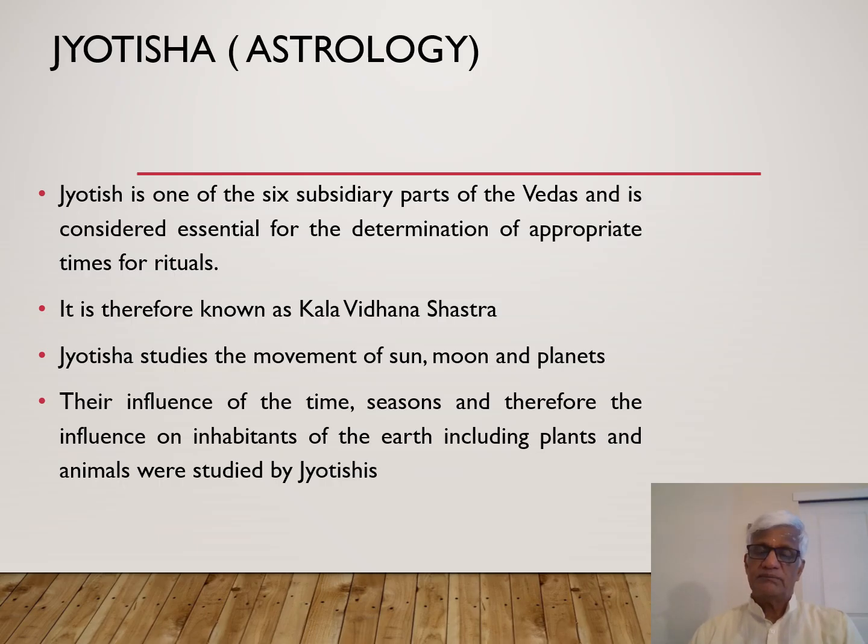The movement of the moon determines the length of the month and the calendar. So the daily time, the month, the seasons, the year, all this has been determined, and the calendar we know today has evolved from the knowledge of the movement of the sun and the moon.